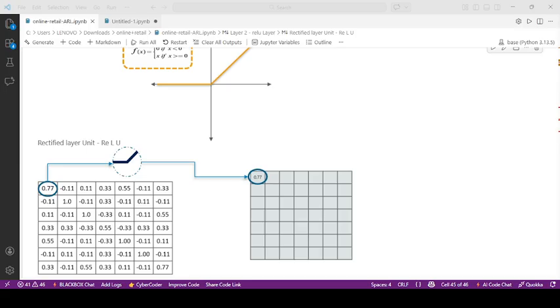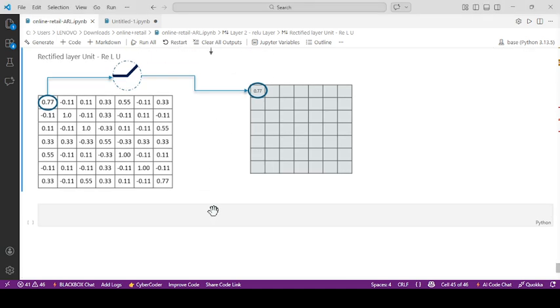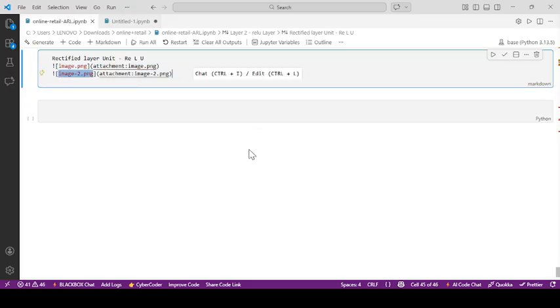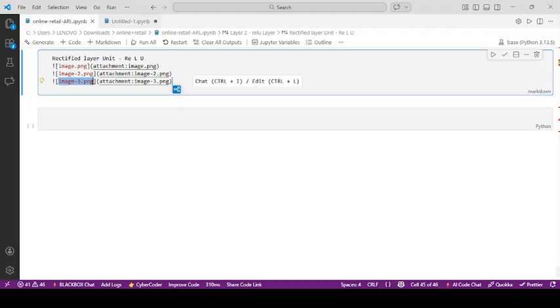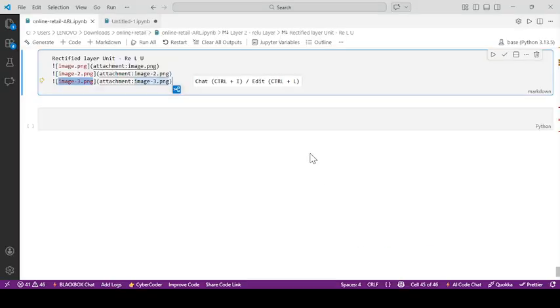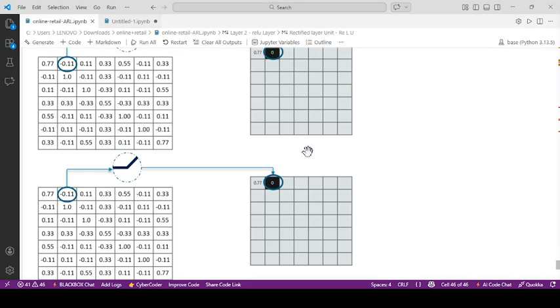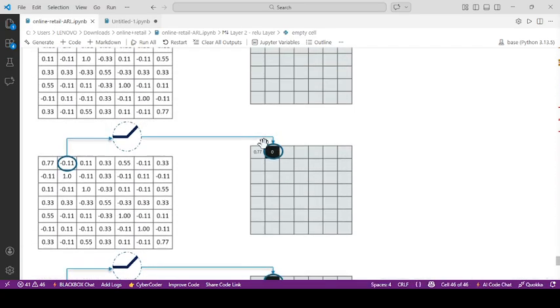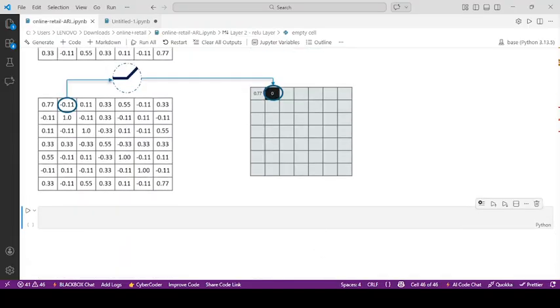Okay, so let's observe here. I can see here the same image has been created, because you can observe here, 0.7 is positive, so it is kept as it is.